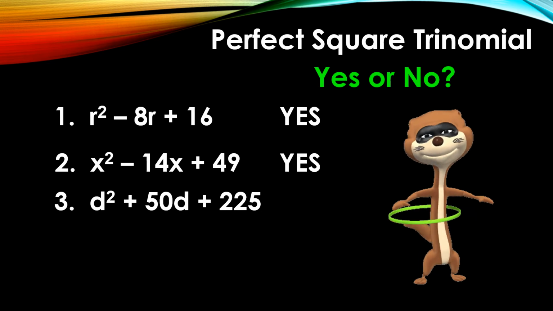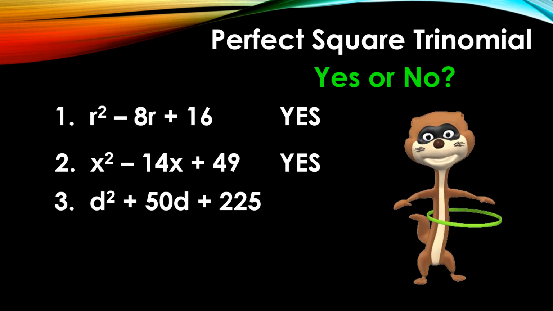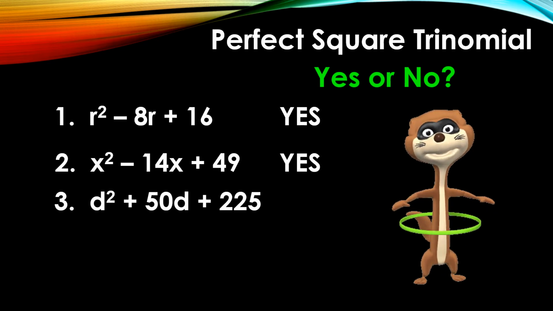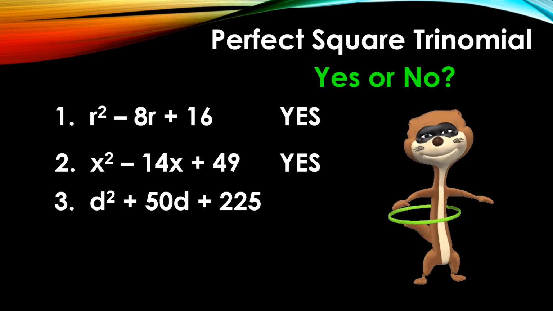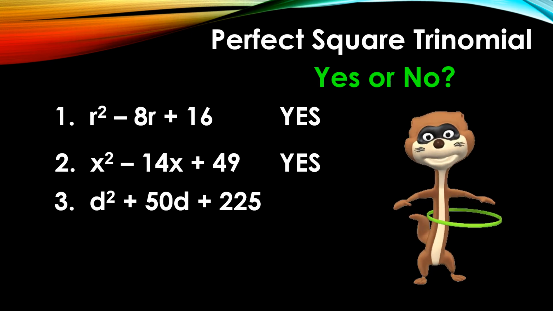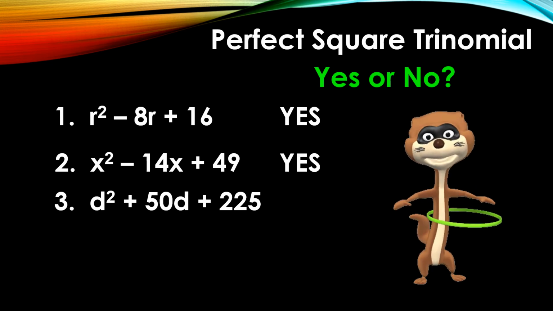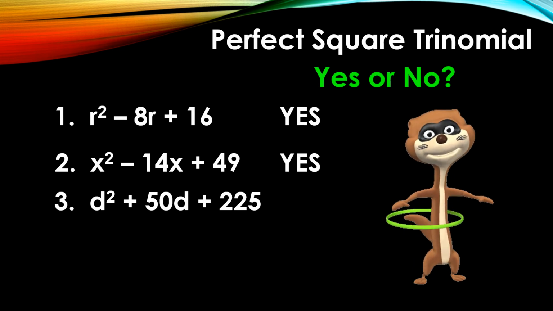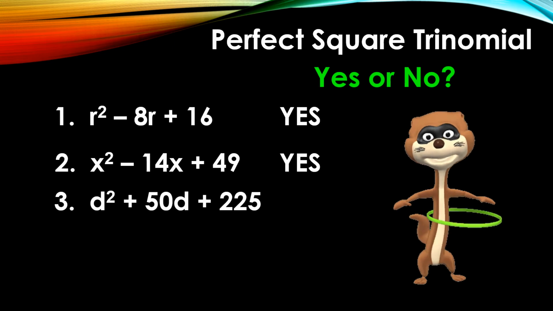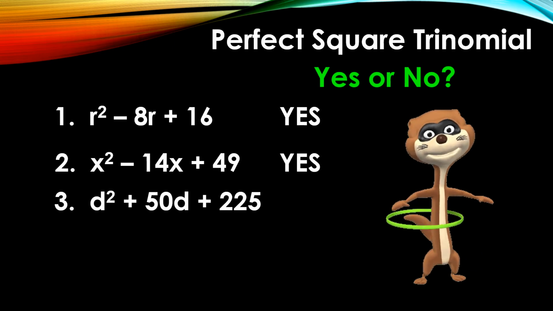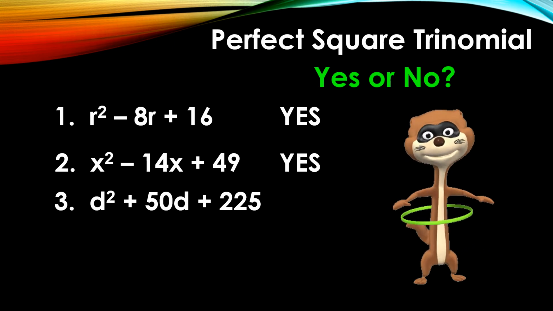Number 3 example. 3 terms din siya. The first term is a perfect square and the last term is a perfect square. Tingnan natin kung ang gitna niya ay tatama dun sa twice the product of the square root of the first term and the last term. Square root of d squared is d. The square root of 225 is 15.